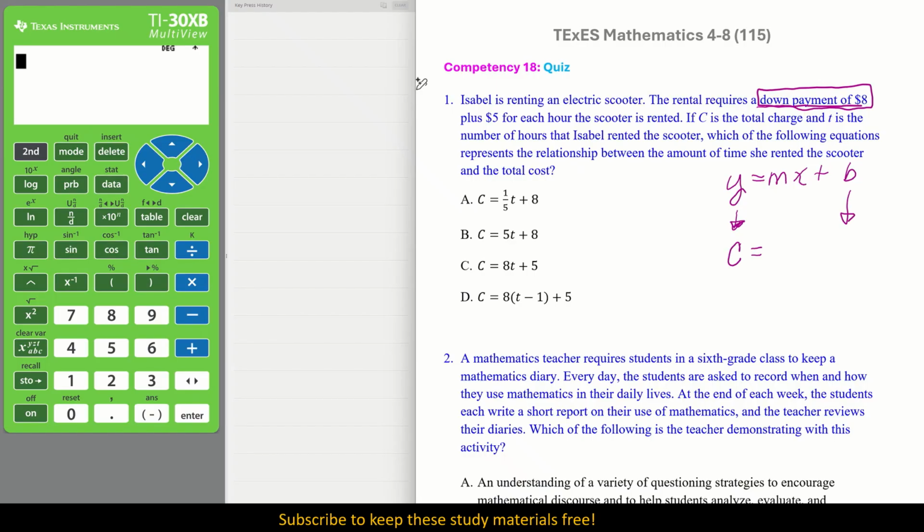Now, we know what the B value is. That would be 8. And we know we're going to be adding because it says plus. Well, plus what? $5 for each hour. Okay. I always teach my students, you look for the rate. And how do you look for the rate?